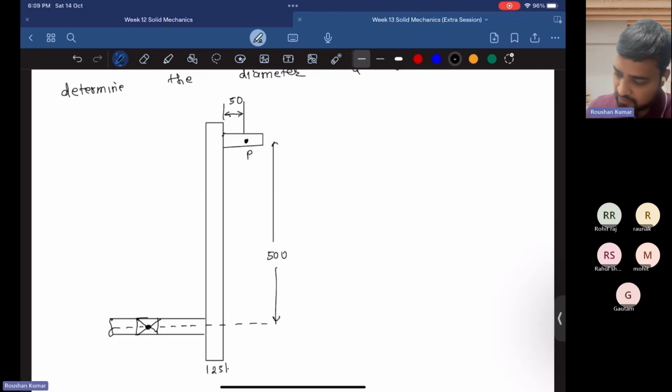And the section XX, from where we have to calculate the diameter, is 100 mm.